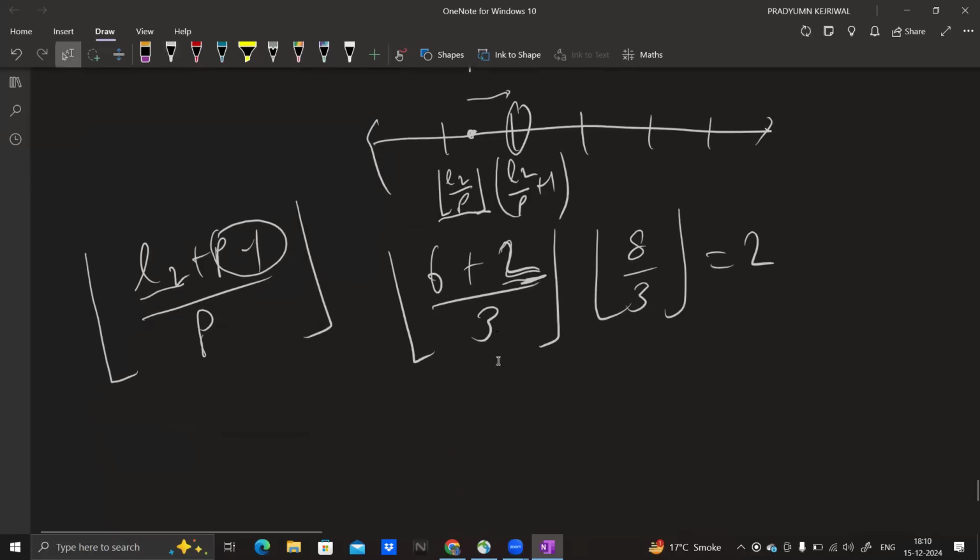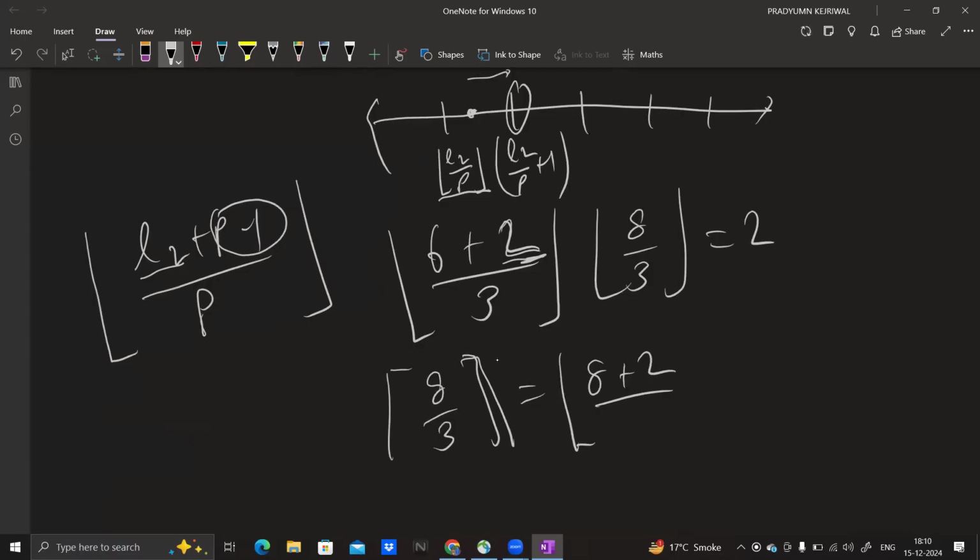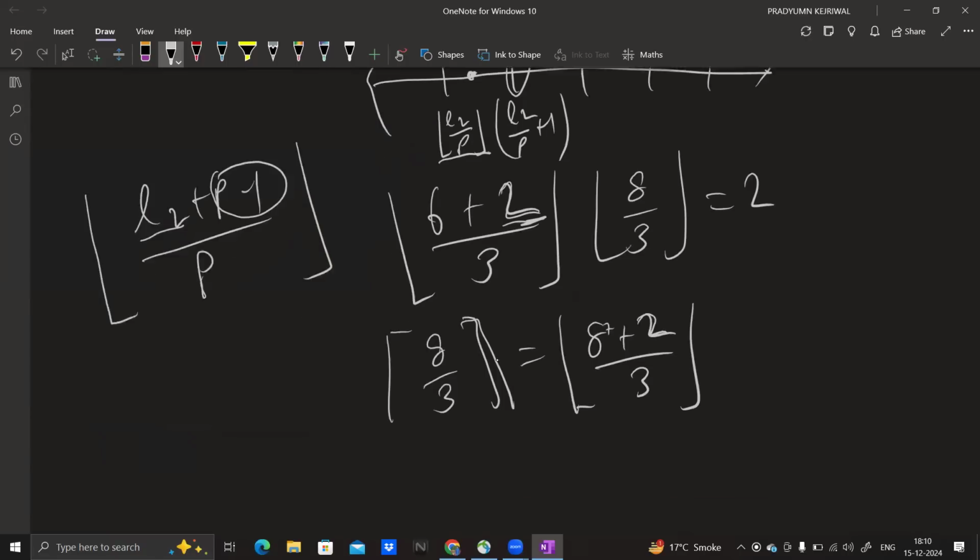But suppose it was the ceiling of 8 by 3. We wanted to find this. Then what would we write? We would write it as the floor of 8 plus 2 upon 3. So now this 2 has made a difference.